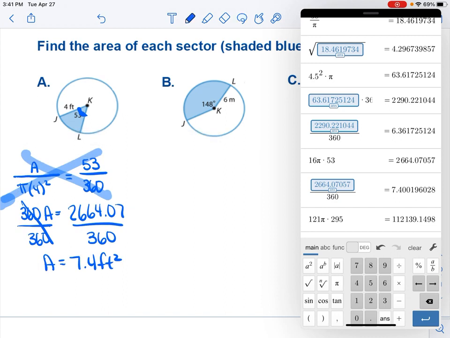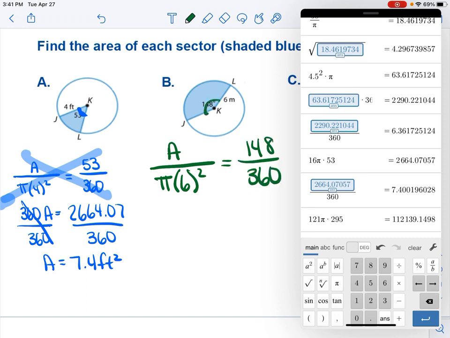We have the sector area over the whole circle area, pi times r squared, equals 148 over 360, this angle over the whole amount of degrees.